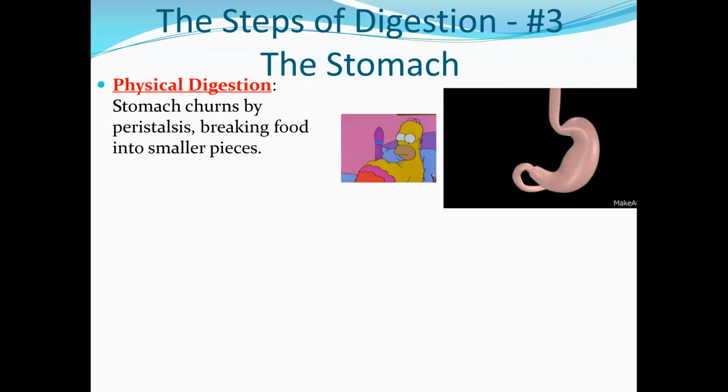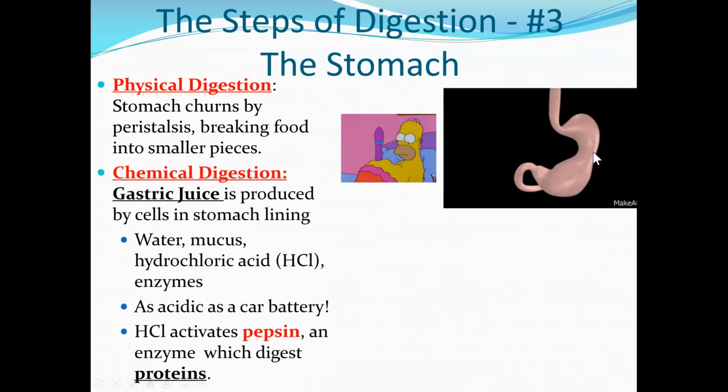So physical digestion, you can see that's happening here. The stomach churns also by wave-like contractions called peristalsis, which break the food into smaller pieces. And then you also have chemical digestion. There's gastric juice that is produced by the cells in the stomach lining, the inside of the stomach, which basically contains water, mucus, hydrochloric acid, and enzymes.